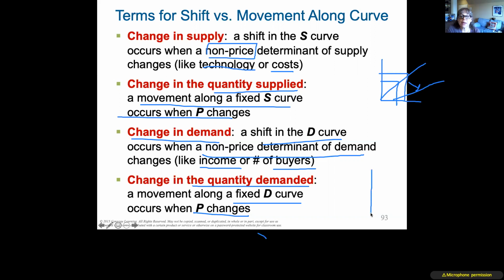The change in demand means that something happens to the demand curve. What? Could be income of the consumers, it could be the number of buyers, it could be consumer preferences, all those non-price determinants. A change in the quantity demanded, you stay on the same curve, and what happened? Just because price changed, price went up, quantity demanded went down.